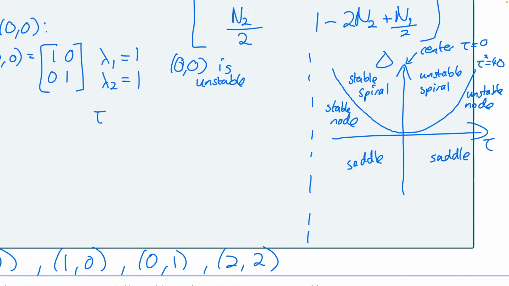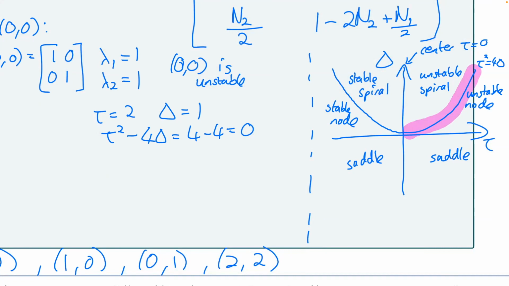If you'd worked out the trace, it would have been 2, and the determinant would have been 1. When we take the trace squared minus 4 times the determinant, you end up with 4 minus 4, which is equal to 0. So this is one of those borderline cases. It's actually something called a star, so you're on this curve here.